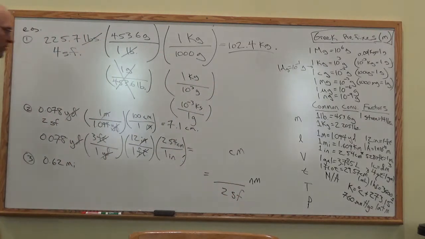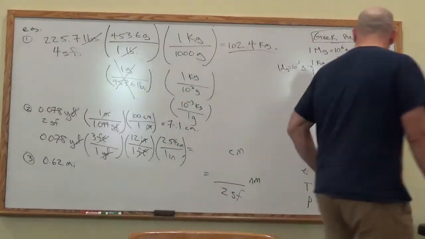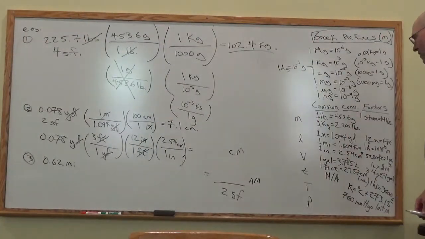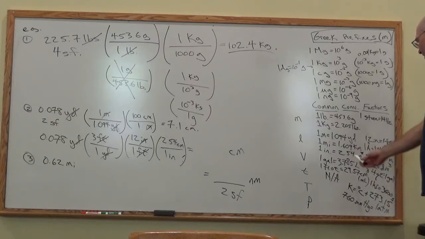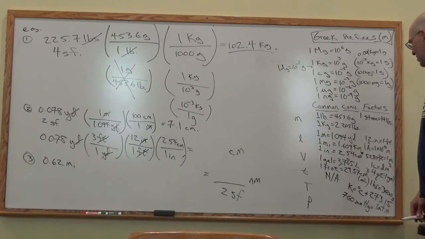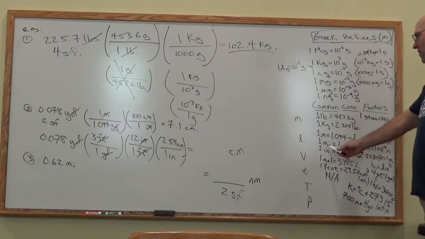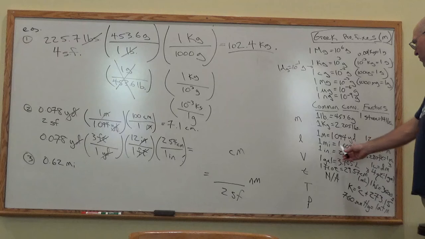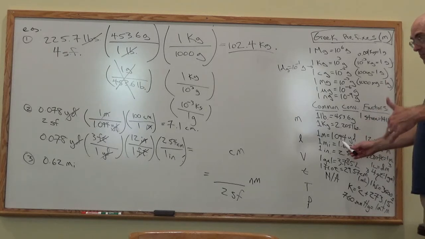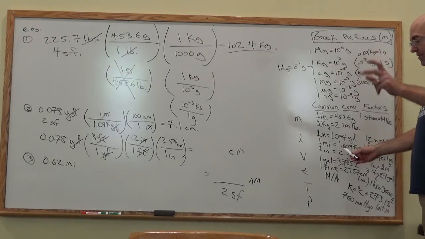Miles into nanometers. Oh, actually it's not that hard, because I give you this one. So you would take that 0.62 multiplied by 1.609 kilometers, go from kilometers to meters, go to the unit without the prefix, as your bridge, if you will.